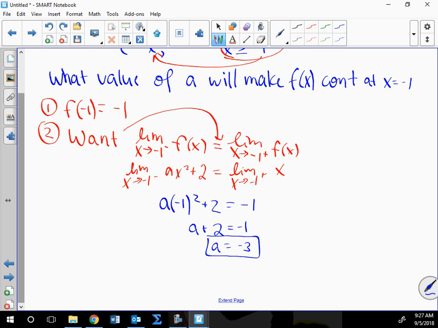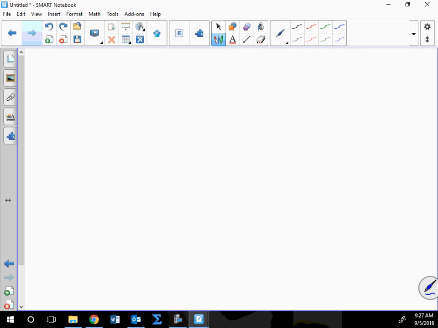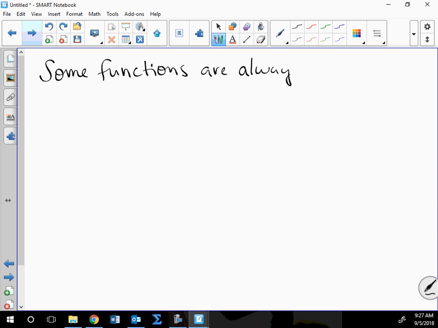Okay, let's go and take a look at a little more information with continuous functions. All right, so some functions are always continuous. Polynomials.